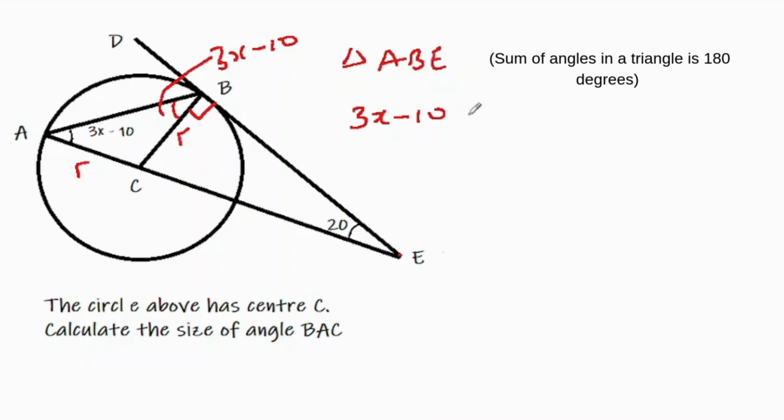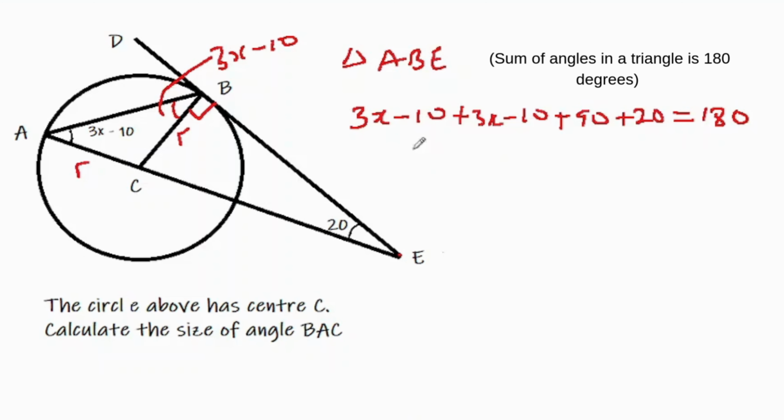That's what makes angle ABE. We have 3x minus 10 plus 90 degrees. The third angle, BEA, is 20. The sum of angles in a triangle is equal to 180 degrees.